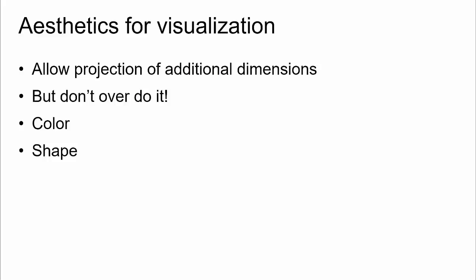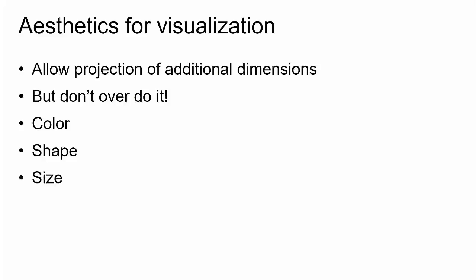Shape, like the shape of a point on a plot, can be useful. But again, if you get more than 5 or 6 shapes going on a plot, in my opinion, it starts to become very hard to tell a little star from a little dot from a little triangle or something like that. So don't overdo it.